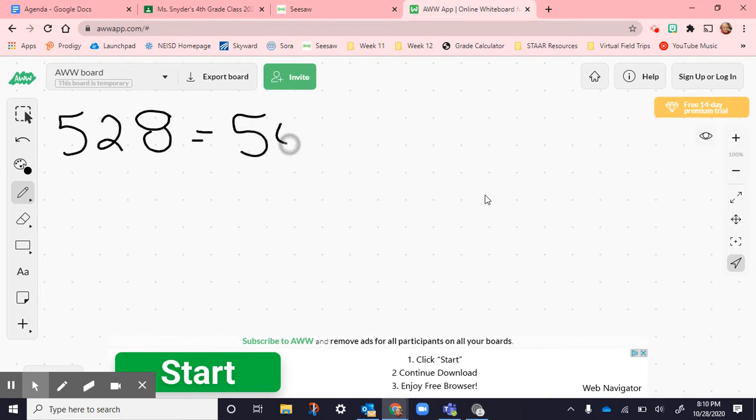So the value is 500 plus the 2 has a value of 20 and the 8 has a value of 8. And I know this because the 5 is in the hundreds place, the 2 is in the tens place, and the 8 is in the ones place.